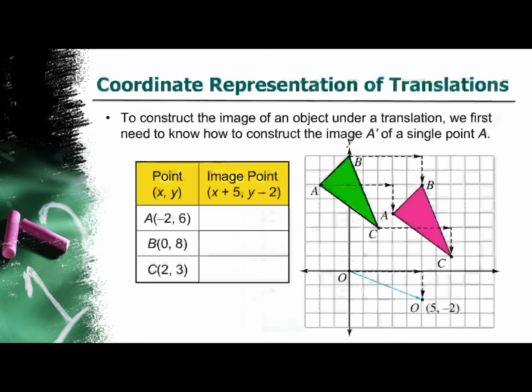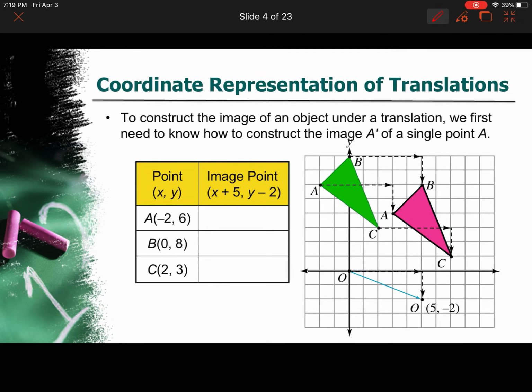So in order to construct an image, we have to know what happens to a single point, right? So if we move, there's the translation, right? And this is the vector down here that tells us the direction and the distance, right?